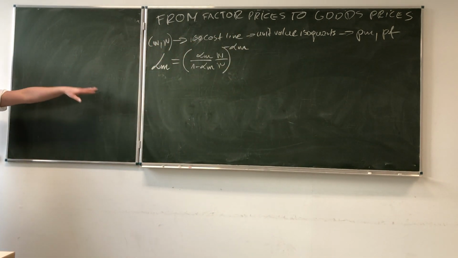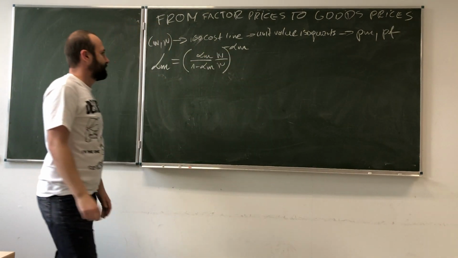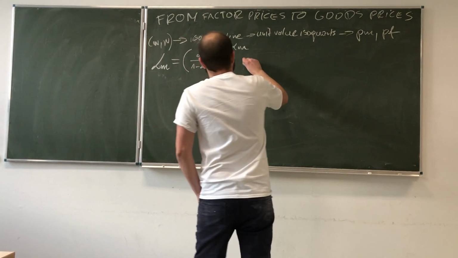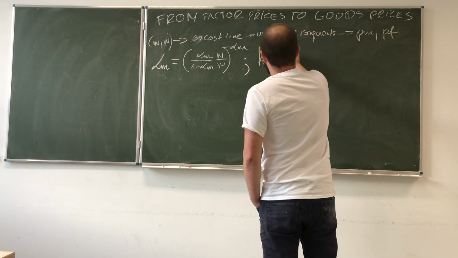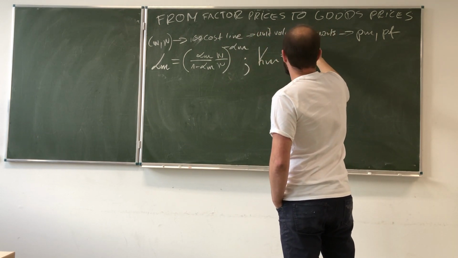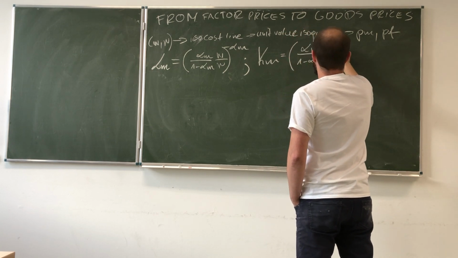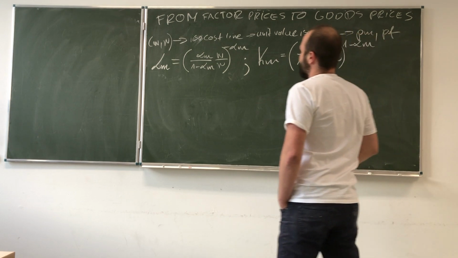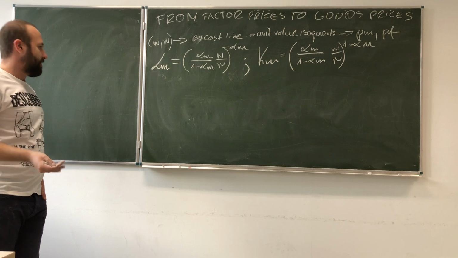And of course, remember, we can do exactly the same thing for food. We just need to replace the subscripts. And by the same token, we've calculated that capital used in the production of manufactures is given by alpha_m over 1 minus alpha_m, w over r to the power 1 minus alpha_m.